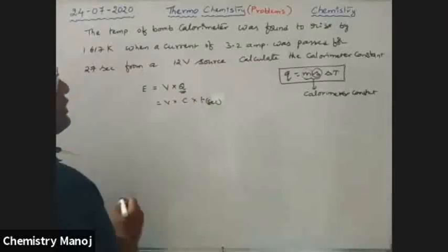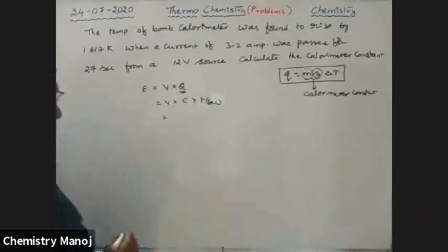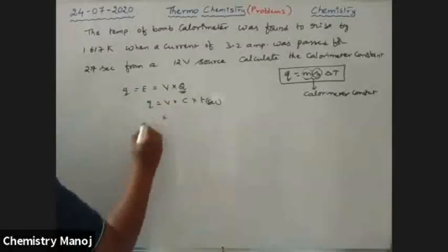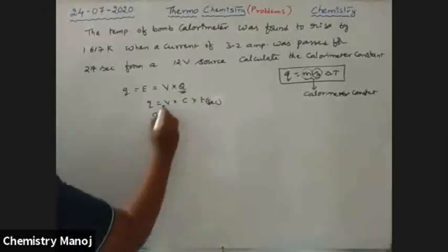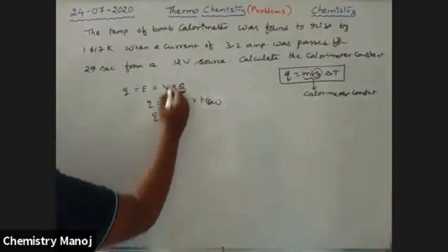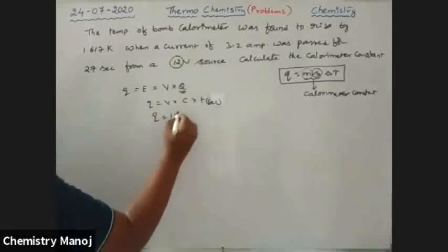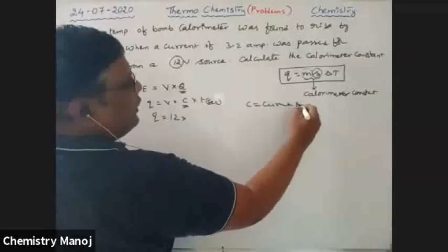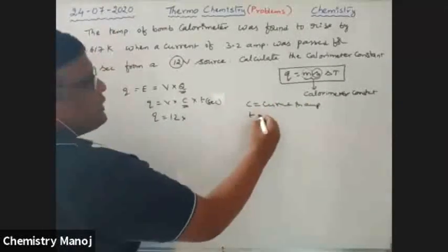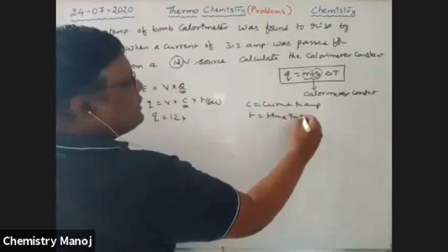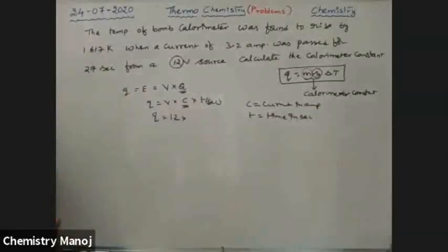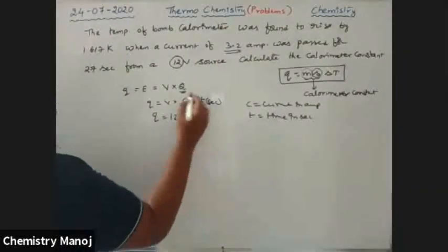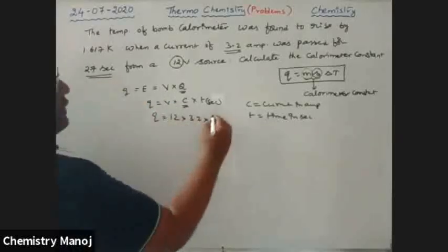So total energy E, which is nothing but Q, the heat required, is equal to V into C into T. V is 12 volts, C is current in amperes, 3.2, and T is time in seconds, 27 seconds.